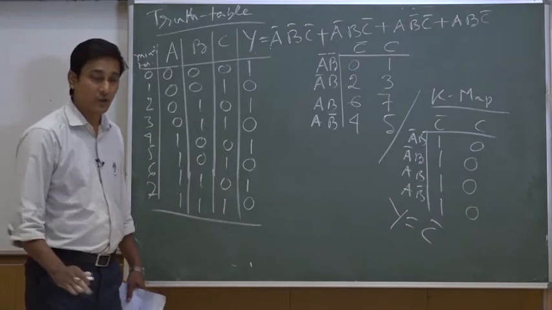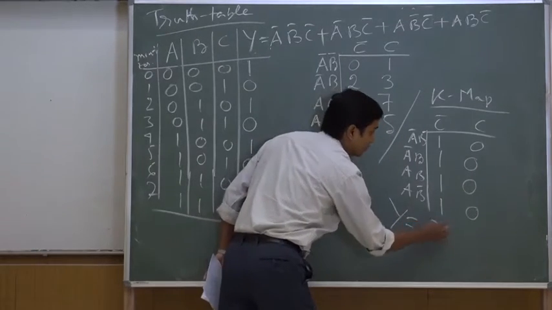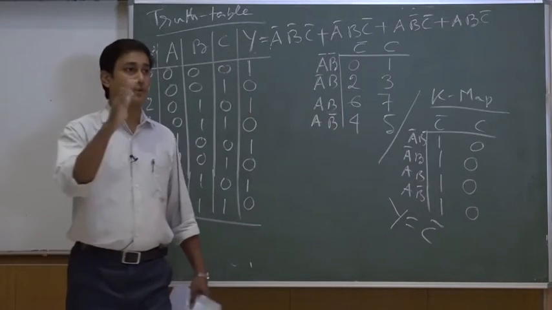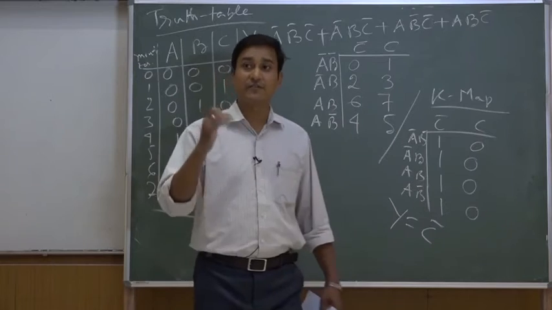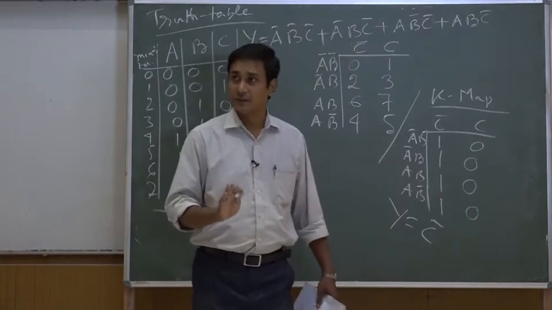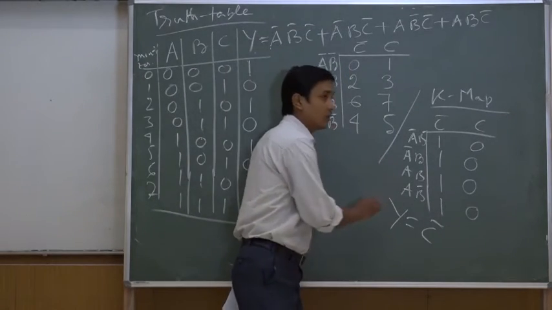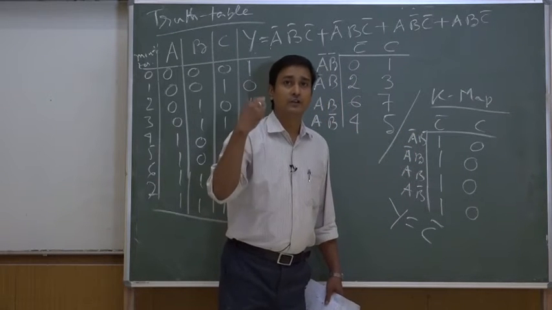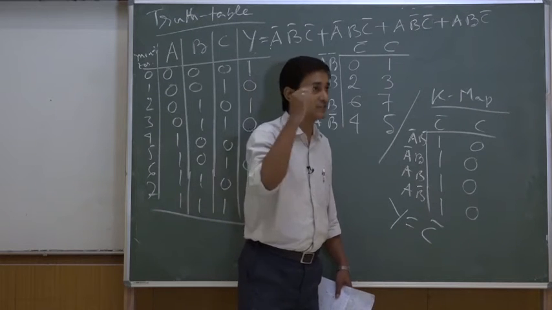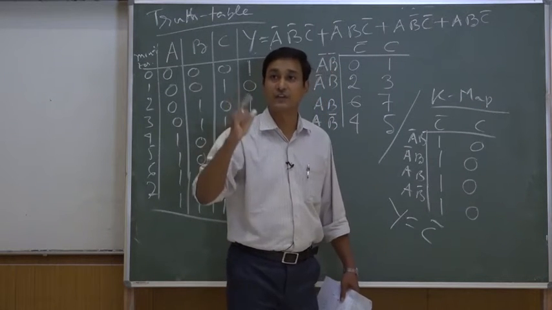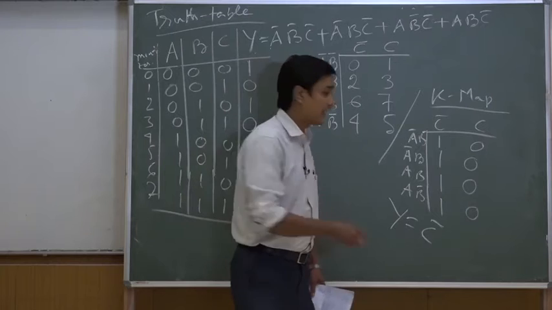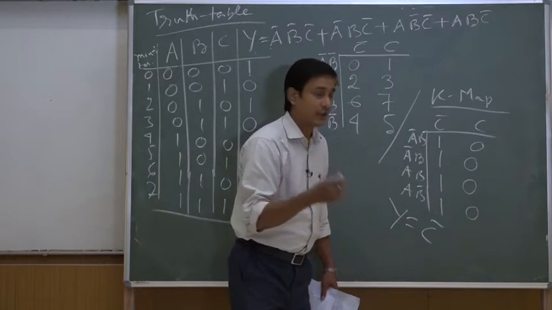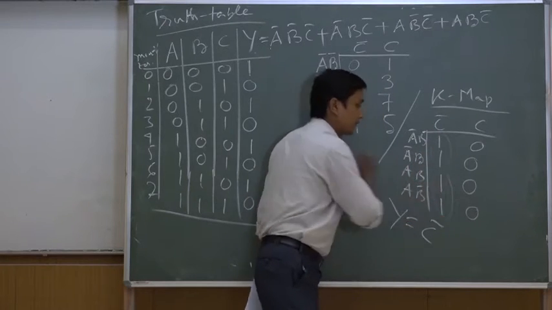So this can be directly put from observation in this fashion, but Karnaugh map says follow the procedure, because you are getting prepared for bigger maps. For that, you group them in terms of powers of 2, meaning 2 to the power of 0, 2 to the power of 1, 2 to the power of 2, like that. Earlier we took a group of 2, here also I can take a group of 2.